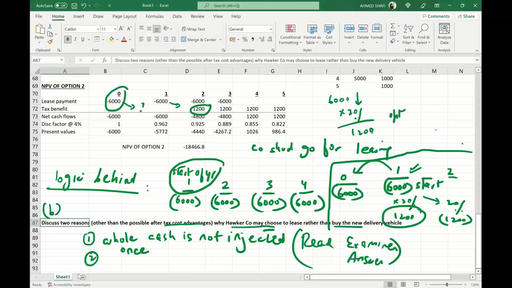In buying, all cash goes at once. In leasing, whole cash doesn't go. How can you elaborate it? This is an advantage for the company: if you keep cash with itself rather than investing whole cash in the machine, you can invest this cash somewhere else to earn benefit.